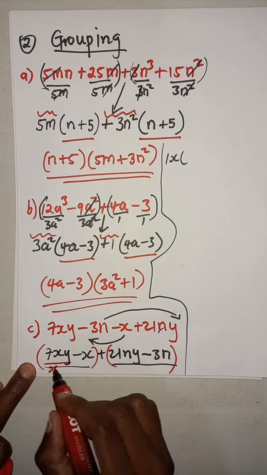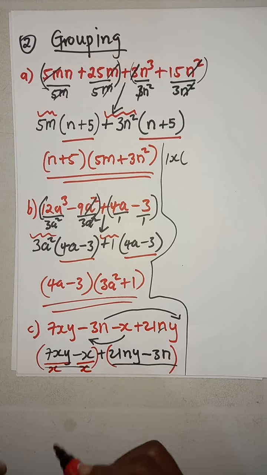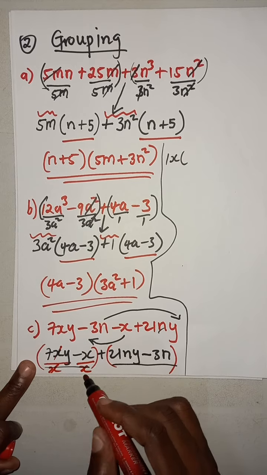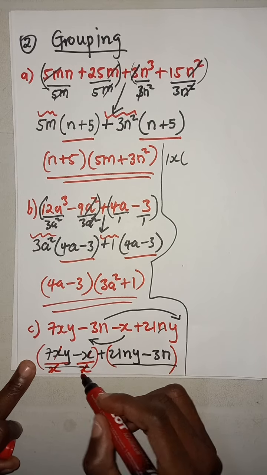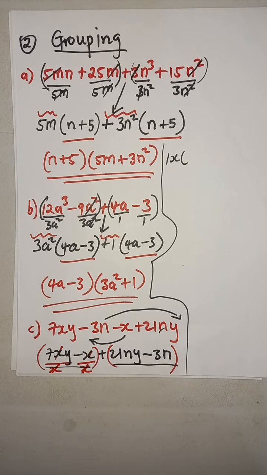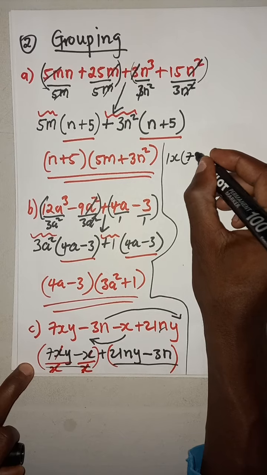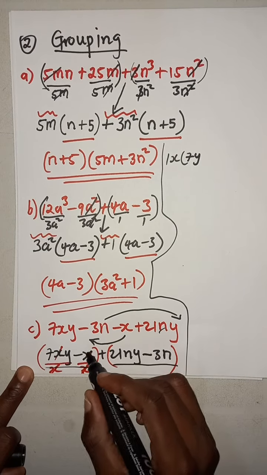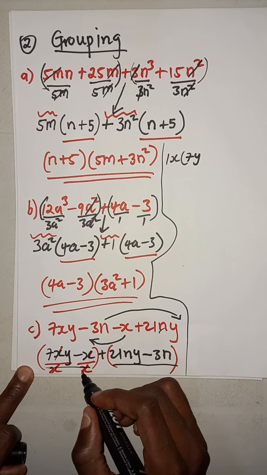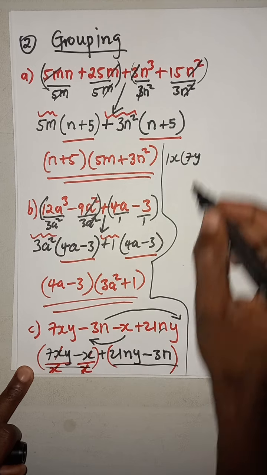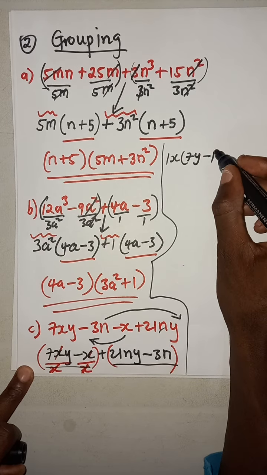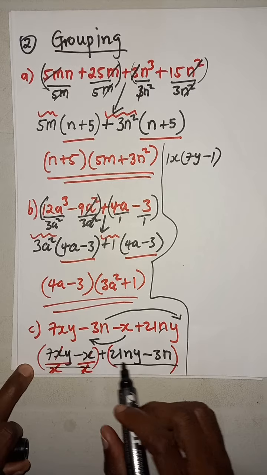This x will cancel, and this one will give me 1. So I'm left with 7y, because this x will cancel, and then negative 1, because x gives me 1, so it gives me negative 1. Close the bracket.